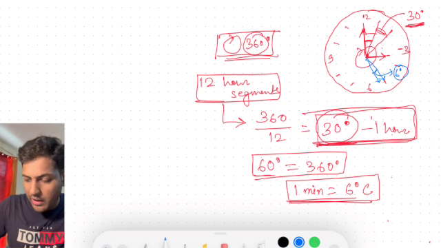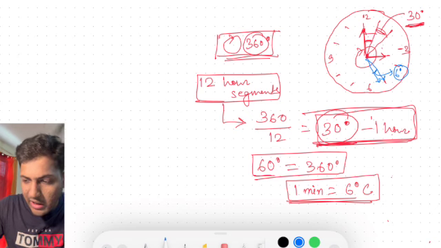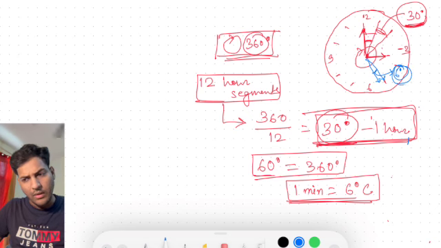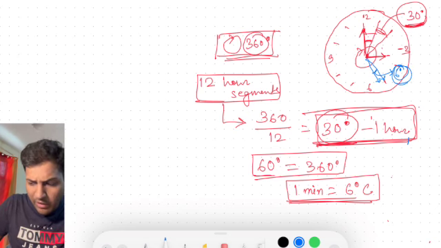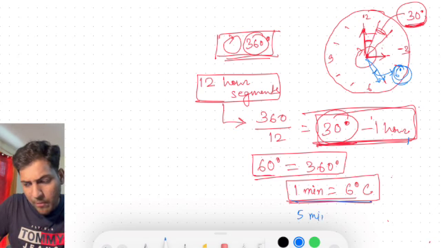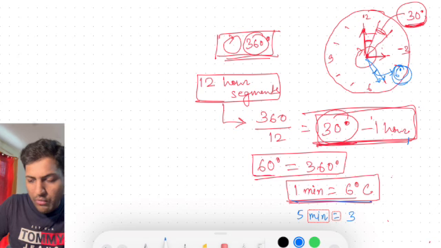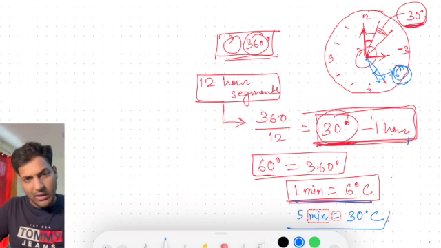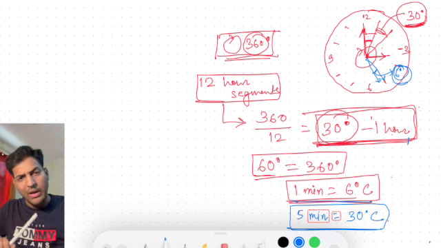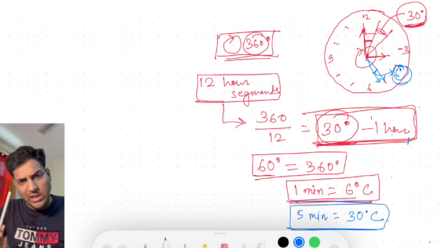So I already told you that 1 hour is 30 degrees. Now 1 minute is 6 degrees. I have denoted minute with blue color. Likewise, now you know 1 minute is 6 degrees, so 5 minutes in the minute hand will be equal to 30 degrees. So in 5 minutes, the minute hand traverses the same angle as the hour hand goes in a total of 1 hour.